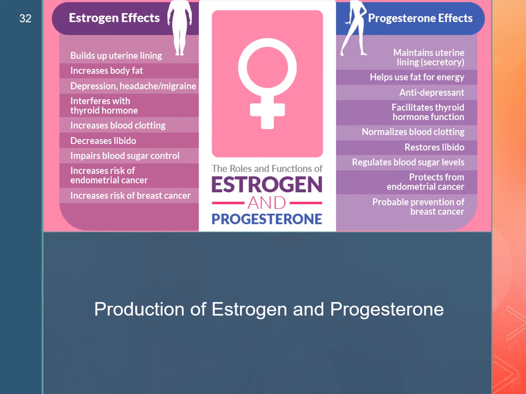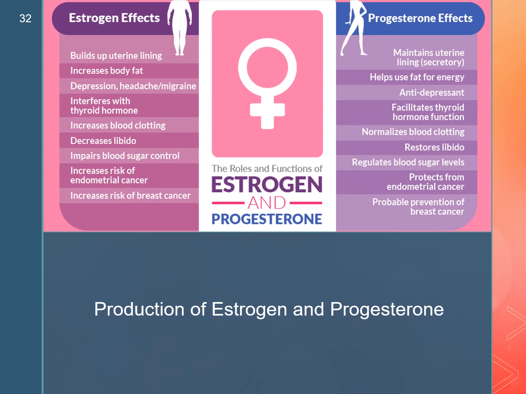It also stimulates the growth of the lining of the uterus to prepare for implantation. It helps in the development and maturation of the female reproductive organs, also responsible for pubic hair and breast development.